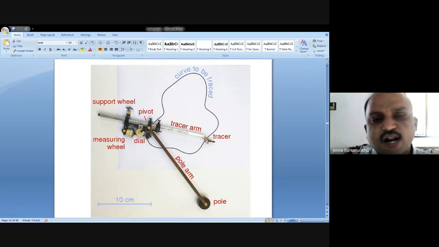It creates one round. For one round, the dial shows one or above.